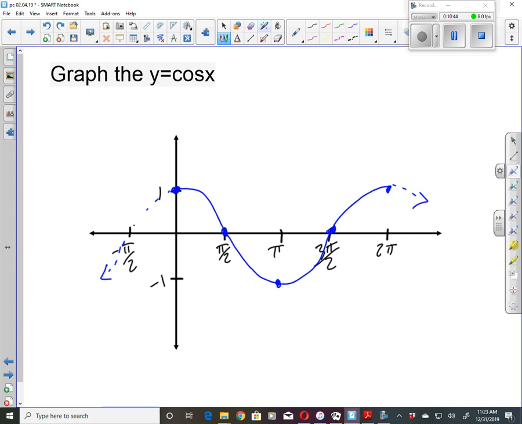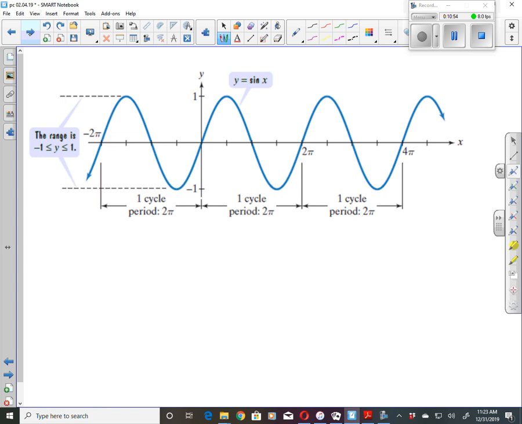What I've graphed originally is one period, or one full cycle of the cosine function. Okay, so Blitzer gets into the graphs fairly quickly. If you graph this with your graphing calculator, you'll see that these things continue in both directions, and it's repetitive.